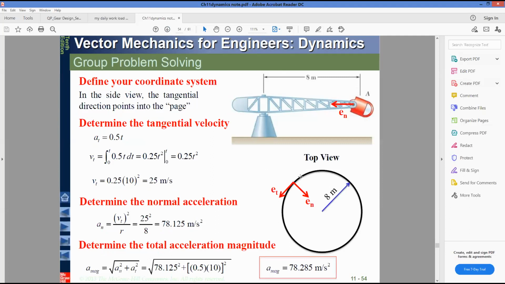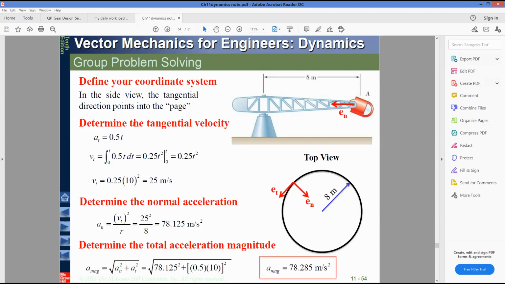Now, it moves in such a manner that the tangential velocity is always tangent to that arc or path, and the normal direction is always towards the center. Or in the case of a circle only; if this is an arc, then it is not always the center. Now, first of all, you have to find the tangential velocity.